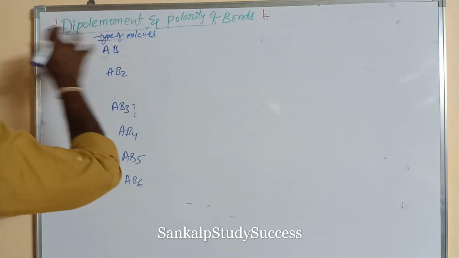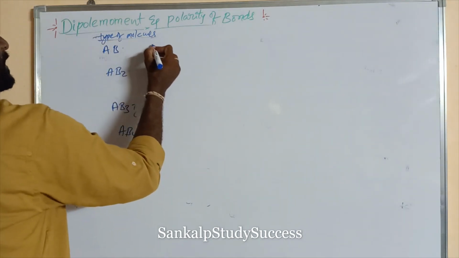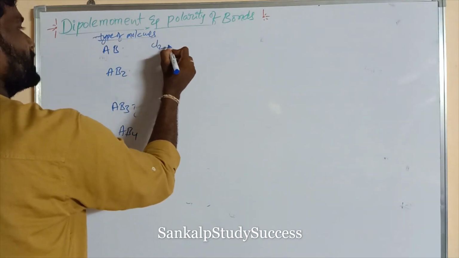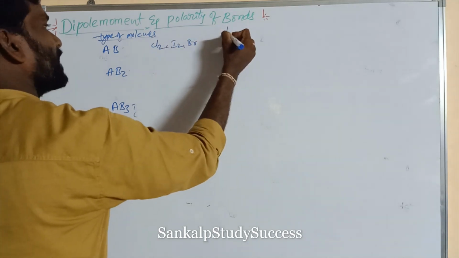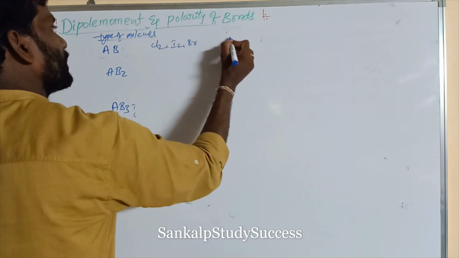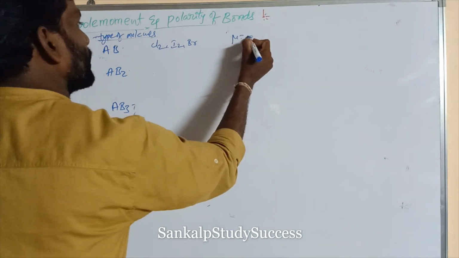First of all, we will discuss AB type, like chlorine Cl2, I2, Br2. All these have a zero dipole moment.